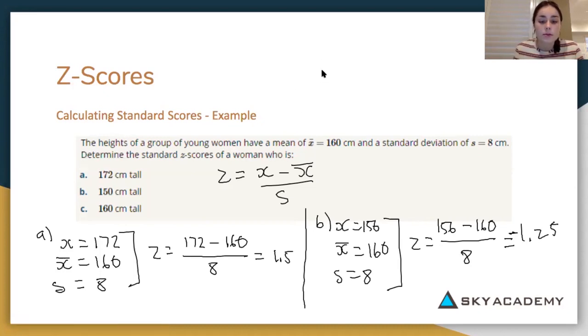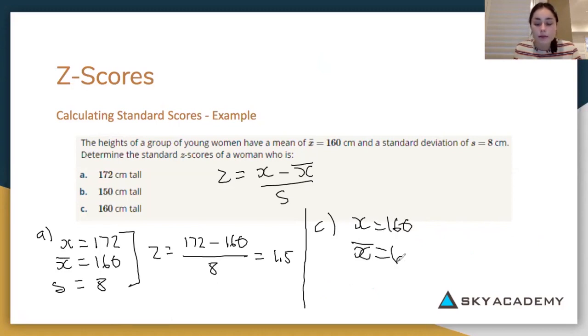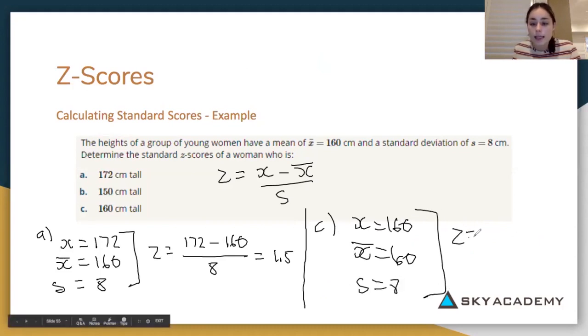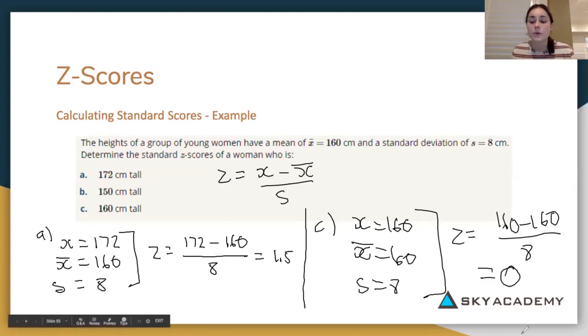I'm just going to erase question B quickly so I can do question C. We have X equals 160, mean of X equals 160, and standard deviation equals 8. Sub those in for Z equals 160 minus 160 over 8, and pop that in your calculator and you will get a Z-score of 0, which means that we're at the mean.